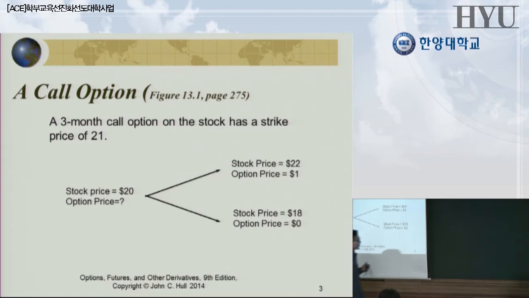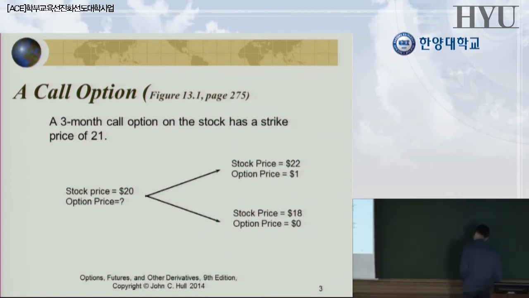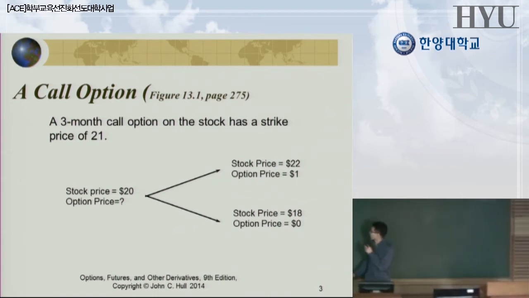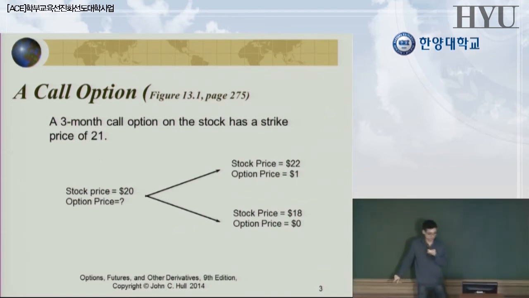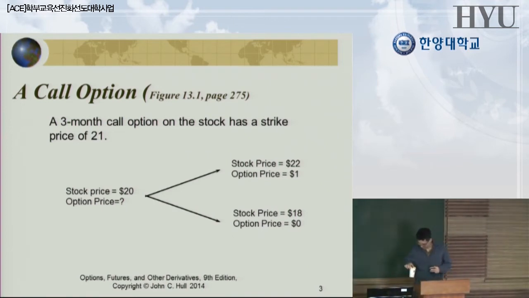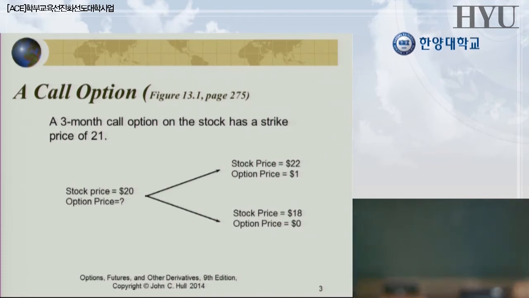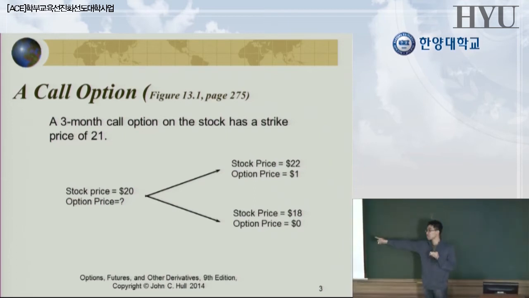So if the annual interest rate is R, and the timing between today and the cash flow is delta T. Here it is 3 months, right?